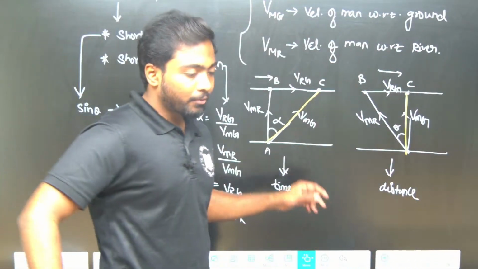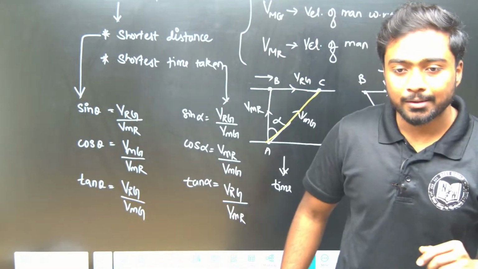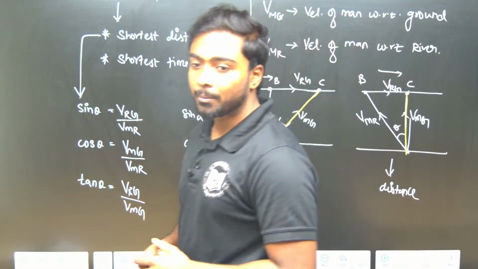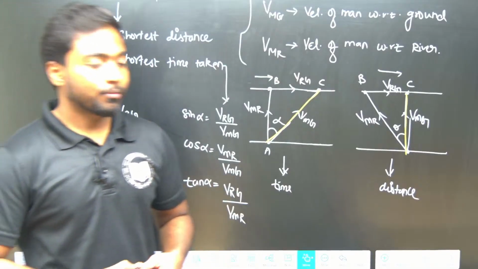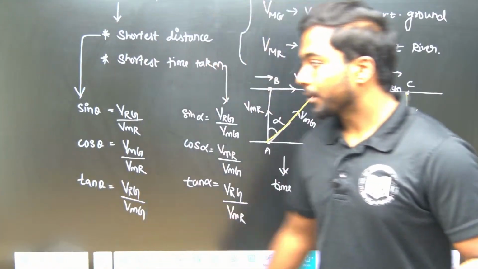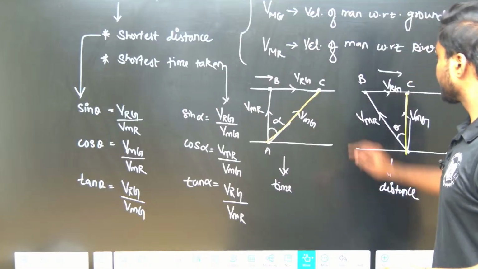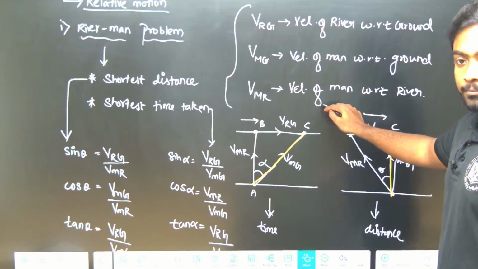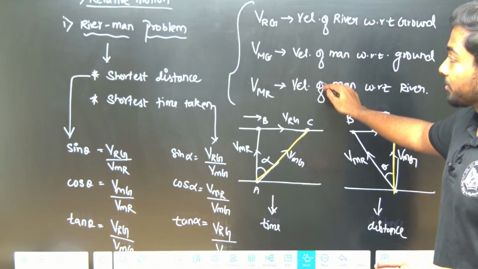Before that I will teach you one more topic, that is the rain and man problem. Completed now. Can we go for the next one? Yes. So this is river man, next is rain man.